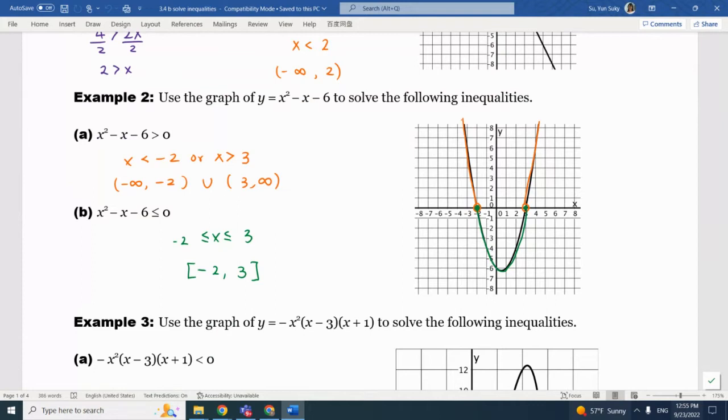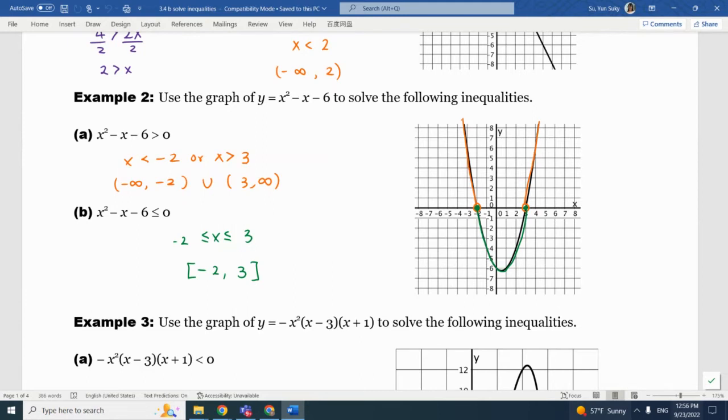And part B, when is the y less than or equal to 0? Less than 0 is below the x-axis, right? Equal to 0 is where it intersects the x-axis, y equal to 0.